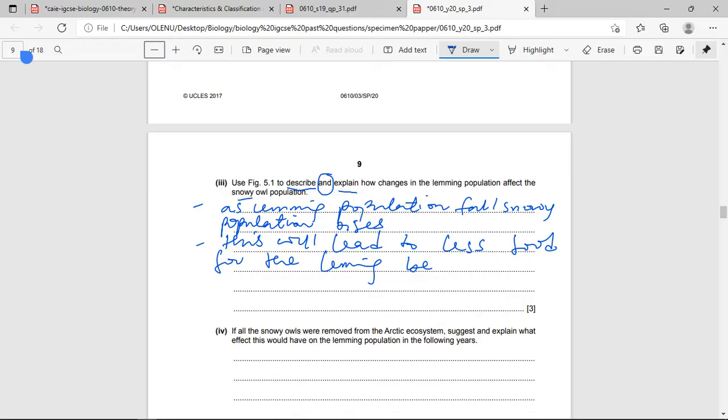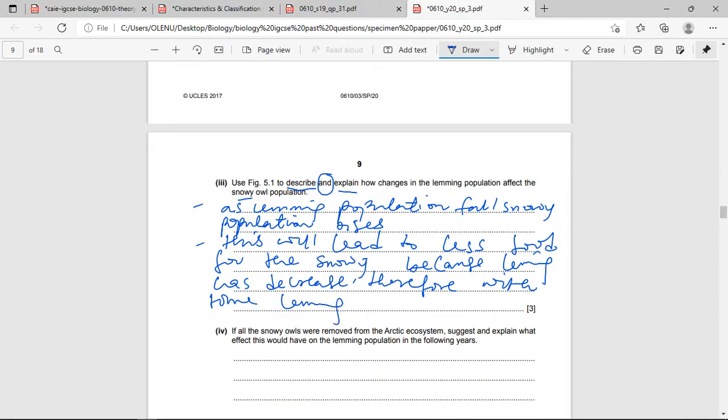Less food for the snowy, because lemming has decreased. So therefore with time, snowy will start to decrease.